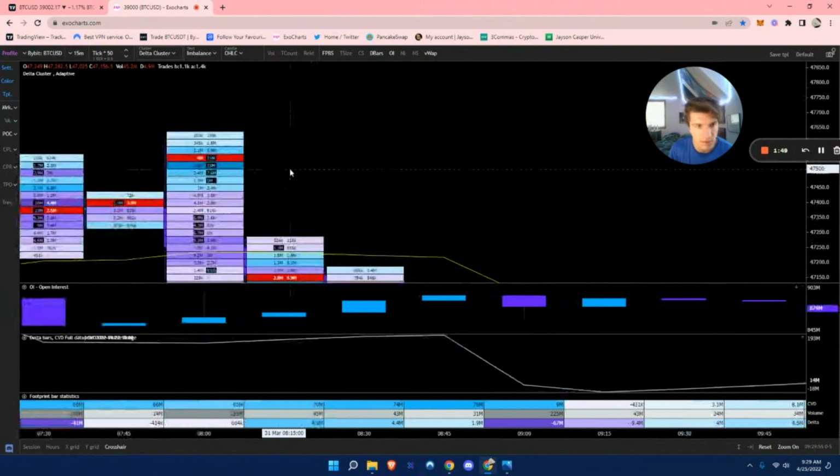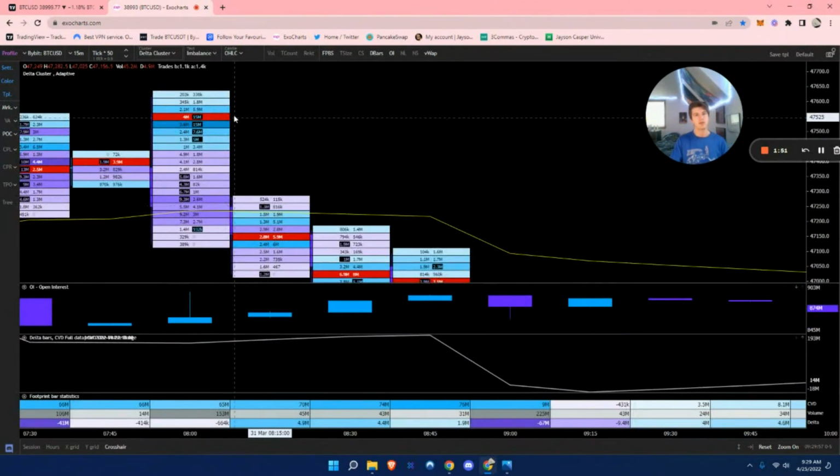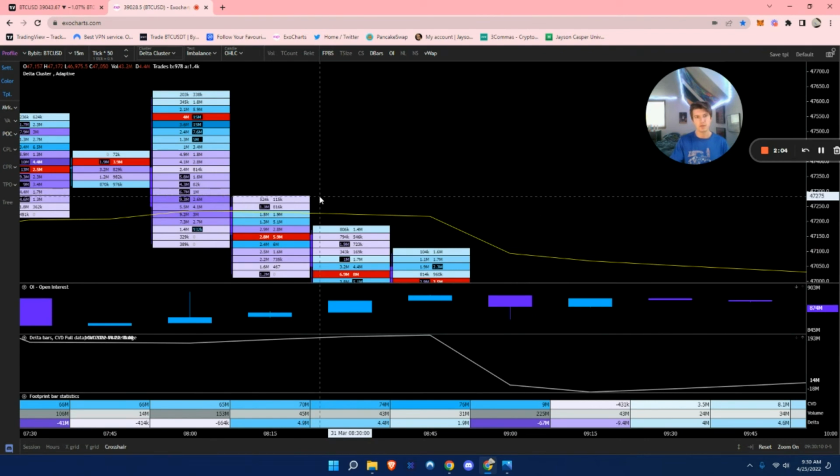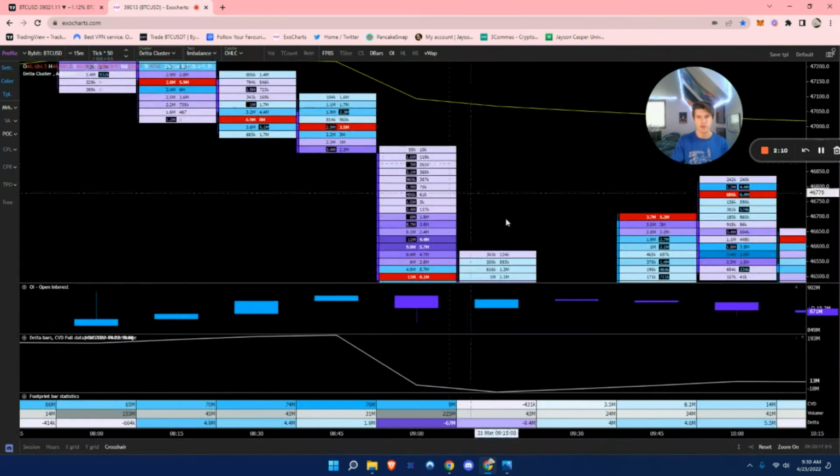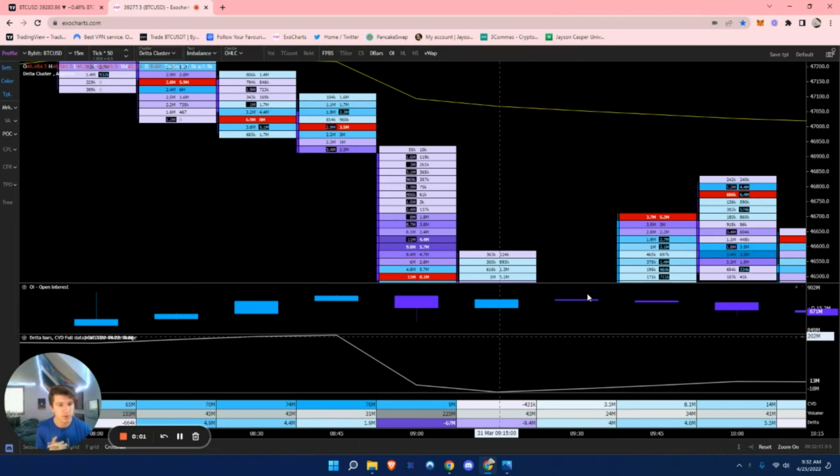You would have waited until price came down below, probably until this candle or this candle really, and wait for that CVD divergence to confirm. And then you would have waited down here. And then, of course, you would have had trapped longs, and they would have probably closed out their position, further dumping price down. That is pretty much it for absorption and just identifying it.